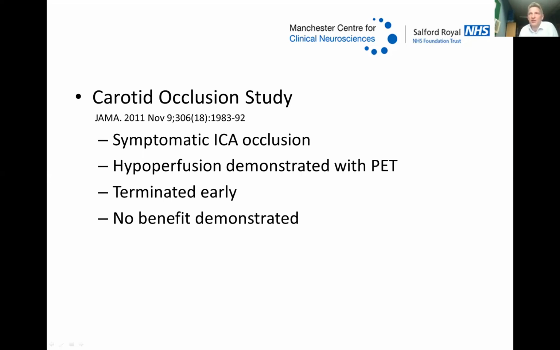So the carotid occlusion study looked at people who had an episode that was symptomatic, and it's felt that there may be benefit for patients who are having progressive symptoms or ongoing symptoms.